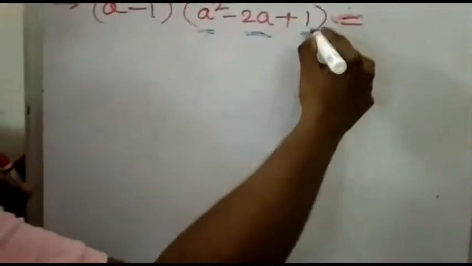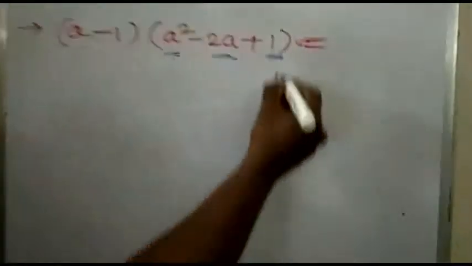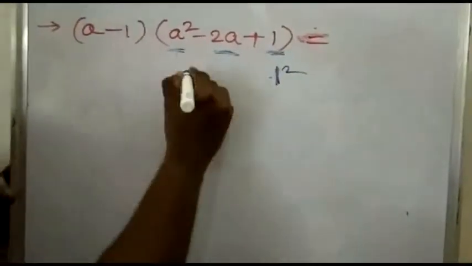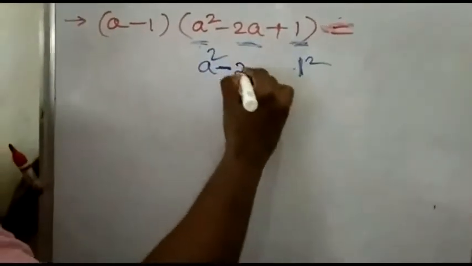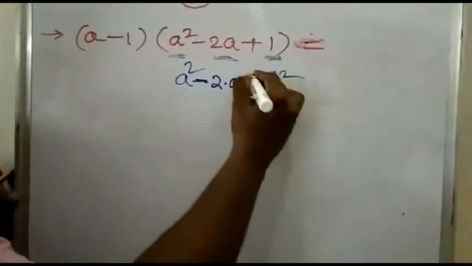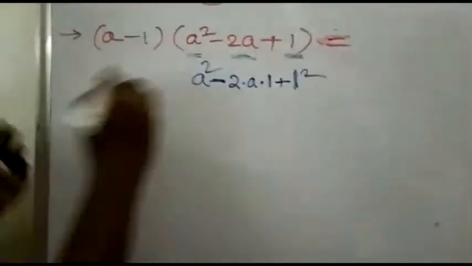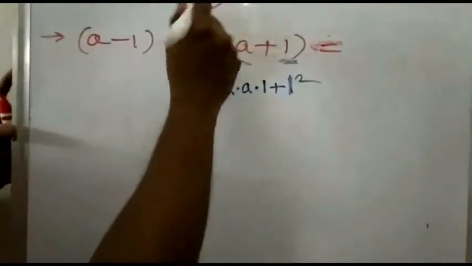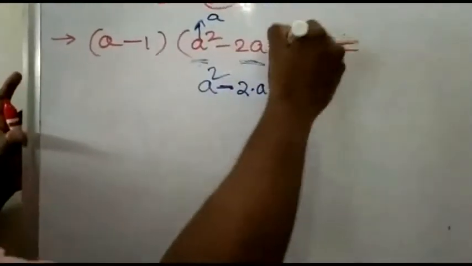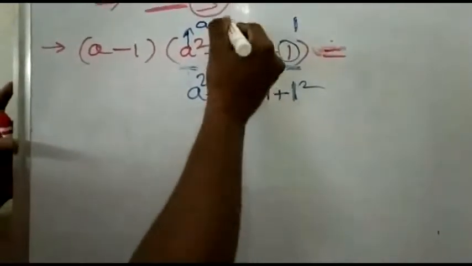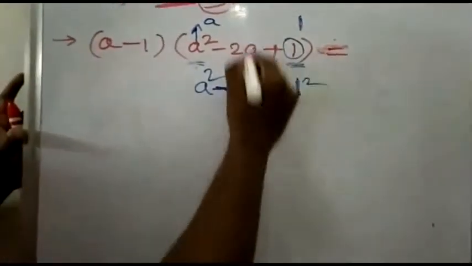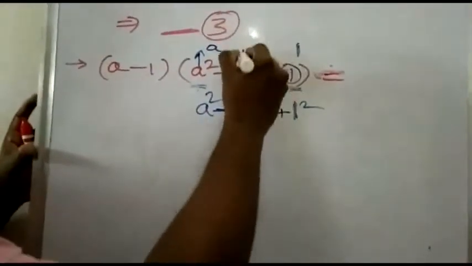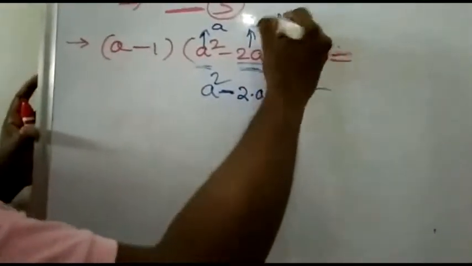So b is 1 and a is a. This is the 2ab part, minus 2 into a into 1.